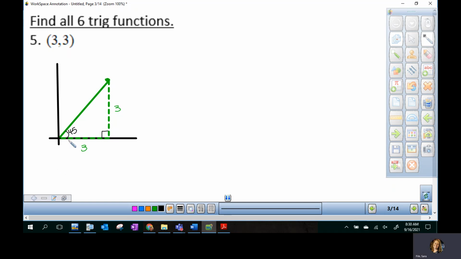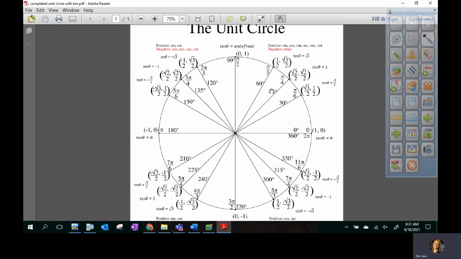Because I know that, I can now use my unit circle. Because 45 degrees is one of the special angles that we learned on the unit circle, right? So I could come over here to my unit circle. I could say at 45 degrees, here's cosine, sine, tangent, right?